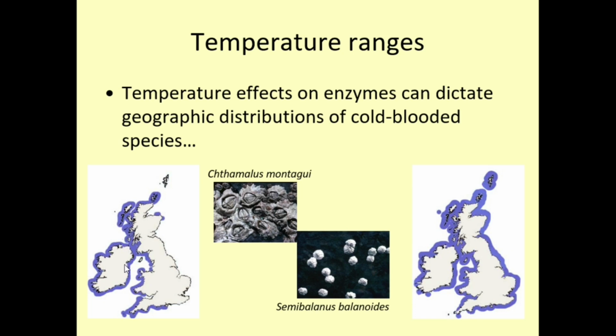So this species requires or prefers these warmer waters that are produced by the Gulf Stream. But over here off the east coast of the UK, we get much cooler waters, so this species doesn't exist here.